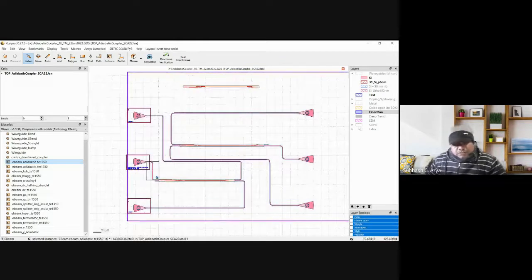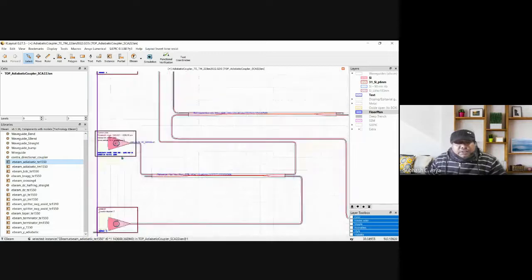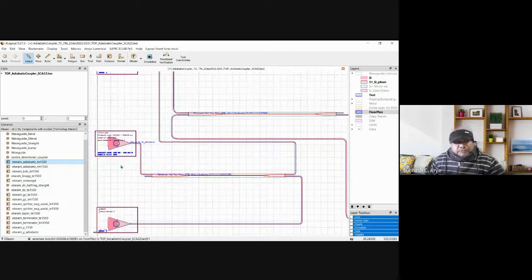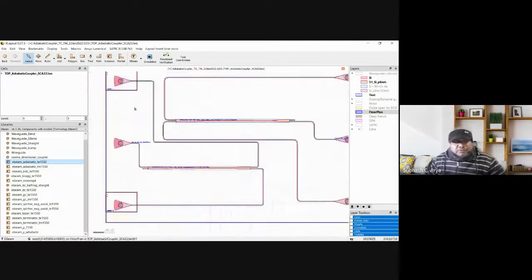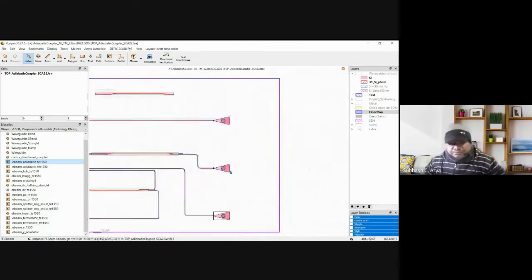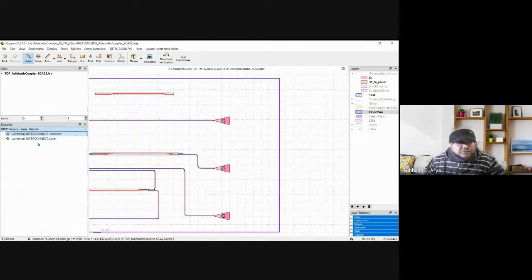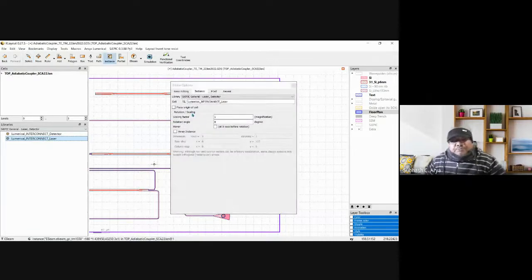Let us do the simulation for TM mode. For that, I have to remove this laser for TE. Okay, laser removed, as well as photodetectors, this and this. Now go for here. I will put the user here.